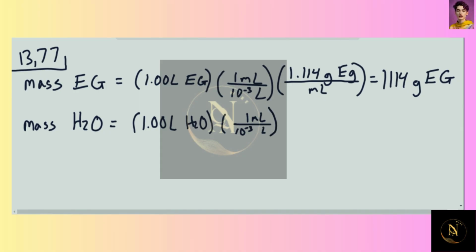The value of density that we're given for water is 1.00 grams per milliliter. So 1 liter of H2O is 1,000 grams of H2O.